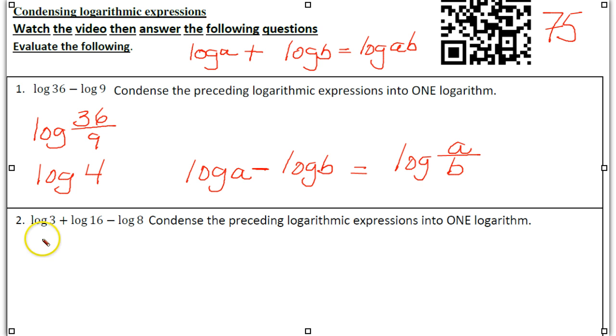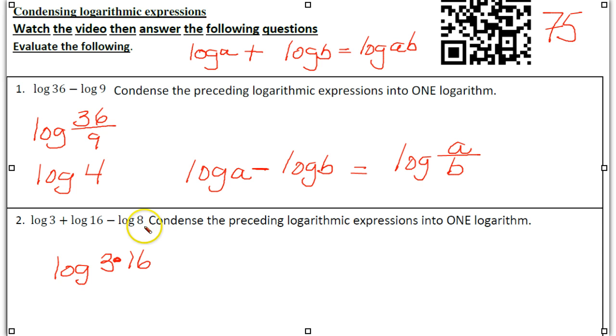All right, now let's take a look at this one. Again, this is the expanded form. So it will be log, and again, it's base 10. We don't write that. And this is going to be 3 plus 16. So that's 3 times 16.